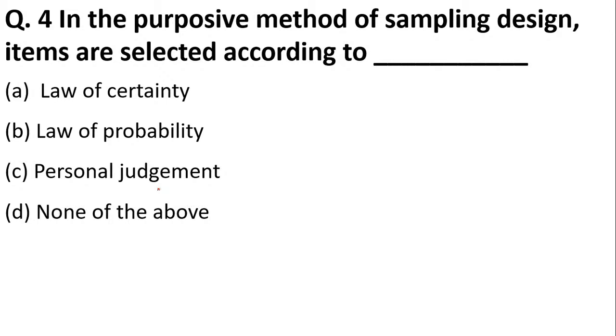Next, in the purposive method of sampling design, items are selected according to law of certainty, law of probability, personal judgment, or none of the above.